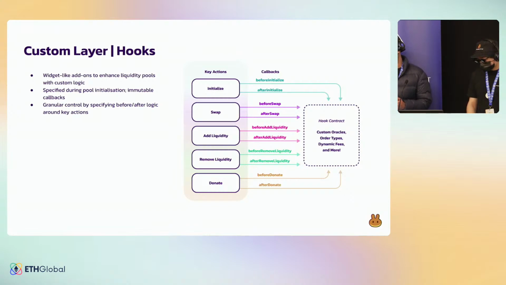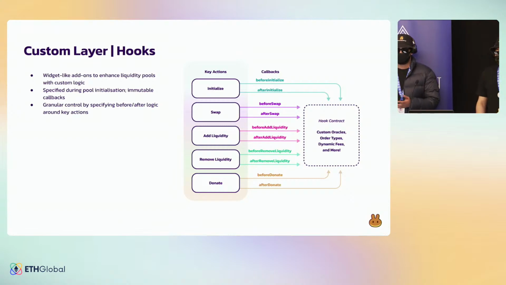For example, custom oracles. Taking a simple example, you want to create a median oracle which takes the median price of the last 10 data points. For that, on every swap you fetch the latest pool price, remove the last one, and then take the median price from that.